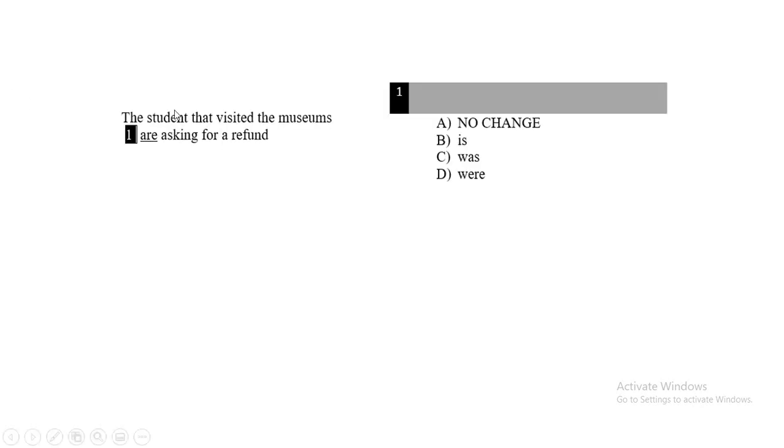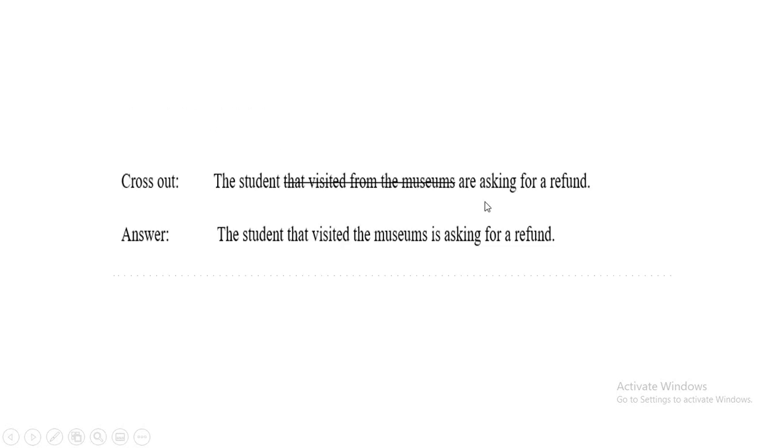The students that visited the museums are asking for a refund. Here we don't have commas that identify the non-essential clause, but we have that. So in this case, it's similar to the previous one, except that we don't have commas, but we have that.